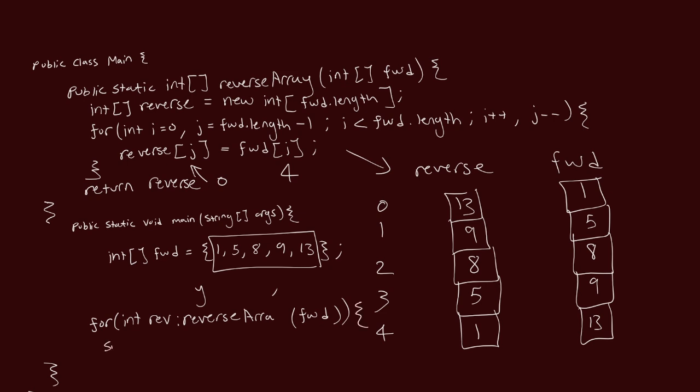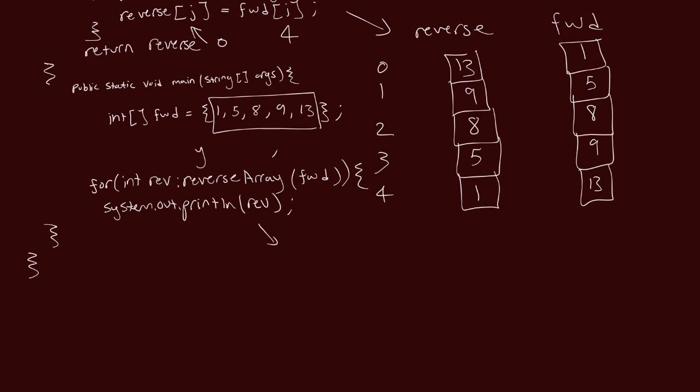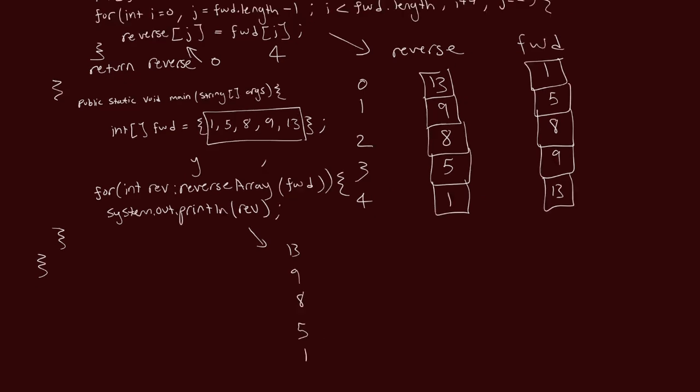And then we do system dot out dot print line, and we put our rev here, and then this will print out 13, 9, 8, 5, and 1, okay?